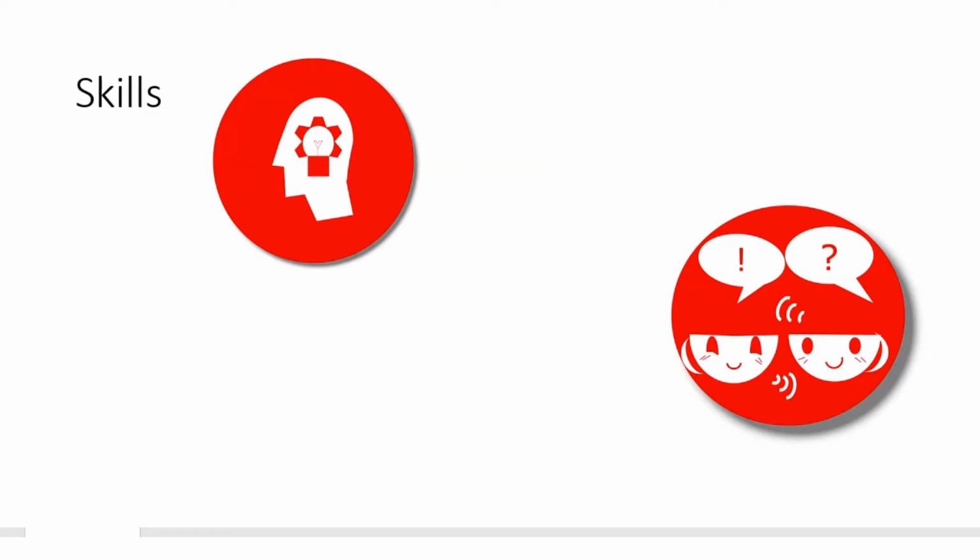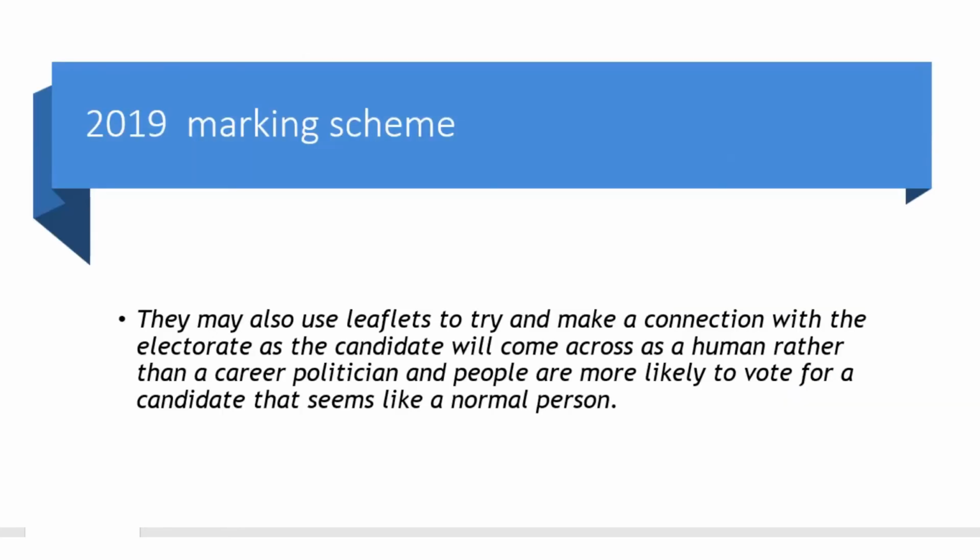Right, to illustrate what the SQA mean about point, explain, example then, I'm going to show you an example from the 2019 marking scheme. Now, this example here describes the use of leafleting as a grassroots method of campaigning. So we've got this point starting off.